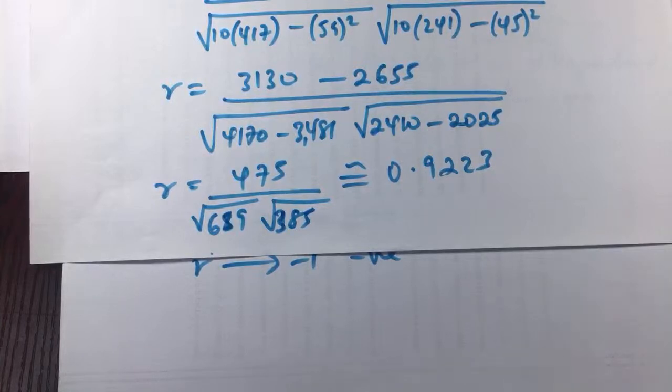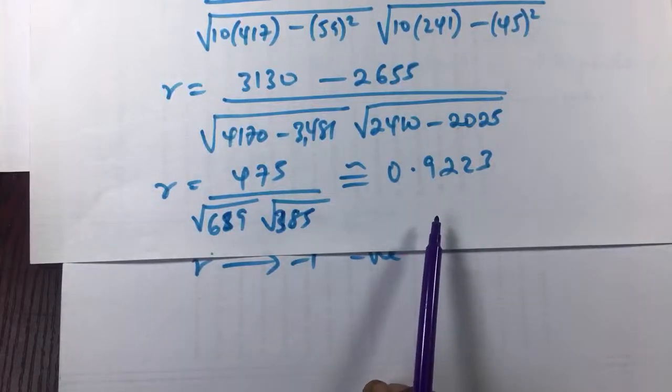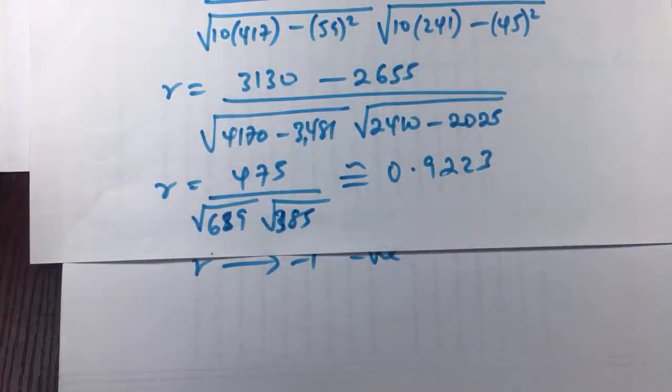So if we got a value such as 0.3 or 0.2 after getting the correlation between x and y, we would say the relationship is weak but positive. But because it is very close to 1, we will say it is strong but positive. If the result was closer to minus 1, we would say it is strong but negative. But if it was far away from minus 1 and less than 0, we will say it is weak and negative.